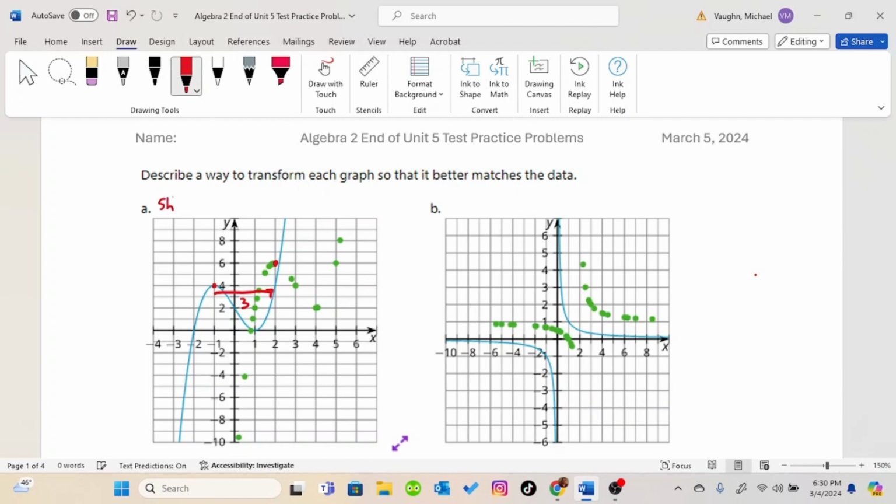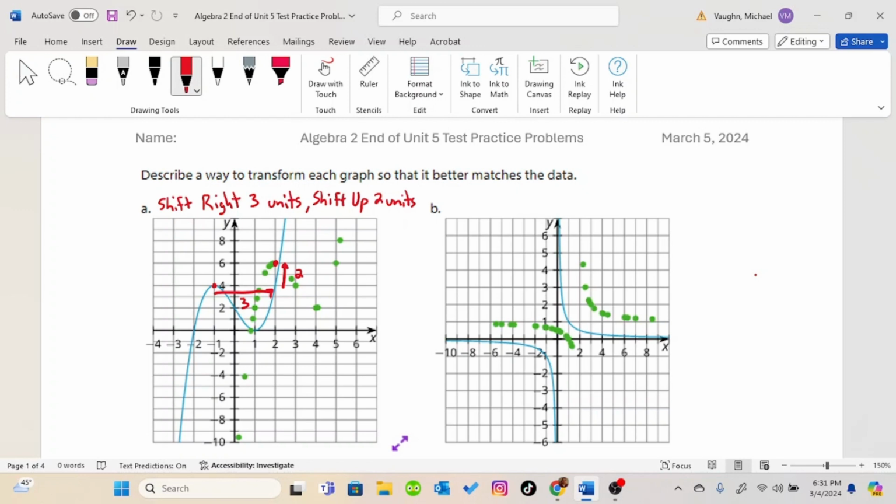So we're going to shift right 3 units. Then we can see to go from y equals 4 up to y equals 6, we need to shift up 2 units. And that's how we would complete A.